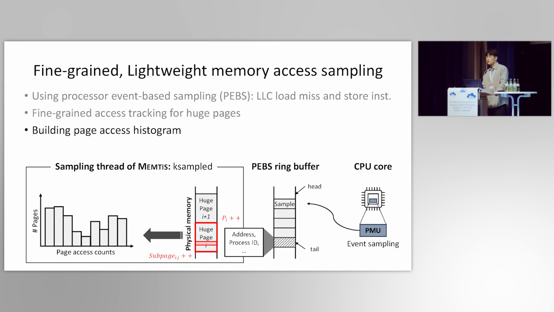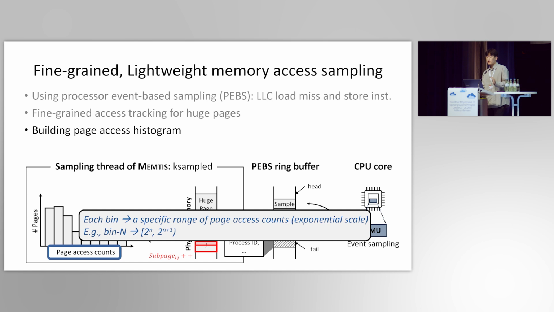Then, to obtain the memory access distribution of pages, we update the page access histogram whenever we handle samples. Each bin in the histogram represents a specific range of access counts, which follows an exponential scale. So, for example, the nth bin has the range of access counts from 2 to the power of n to 2 to the power of n plus 1, and the last bin has no upper bound.